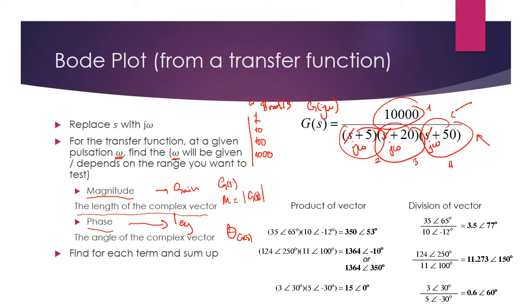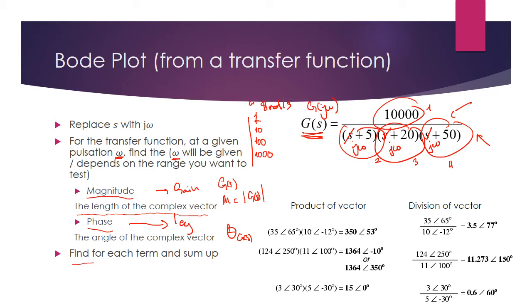So we will have to find the magnitude and the phase for each term first, and then sum them up to find, at the end, the magnitude and phase for the whole transfer function G(s), right? So how to do that?